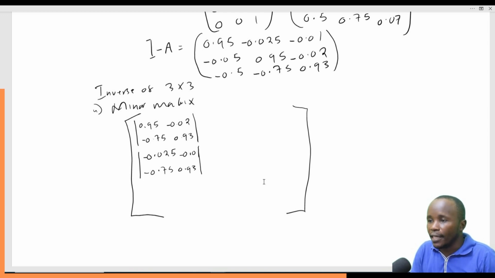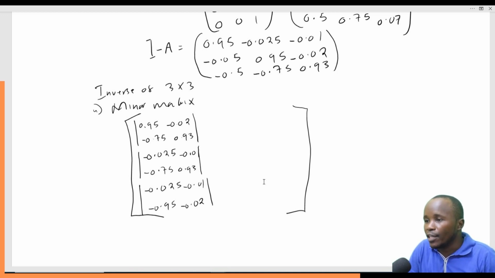Similarly, third row, first column, the minor there is negative 0.025, negative 0.01, negative 0.95, negative 0.02. I'm done with that column. You do the same on the others.